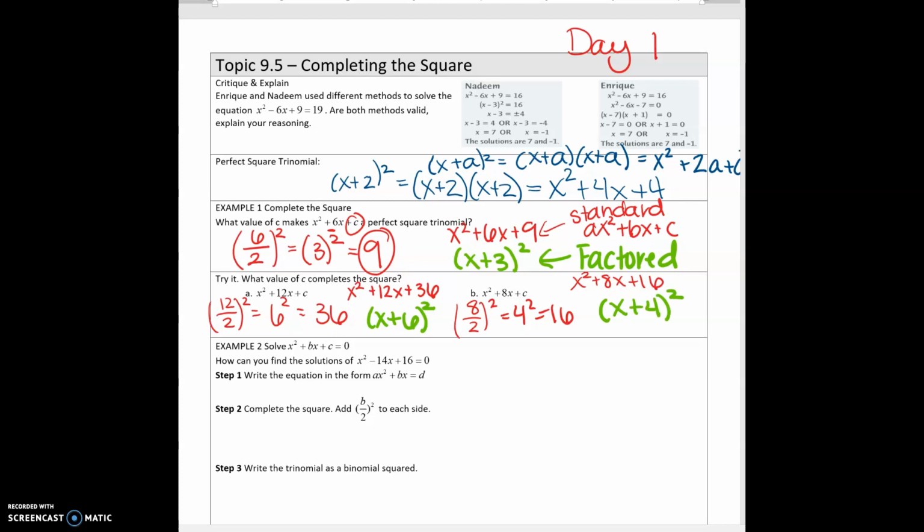Take a minute, see if you can find a pattern from standard to factored form and how it relates to what we just did. Okay, so if you kind of looked, this divided by 2 squared was the c value.